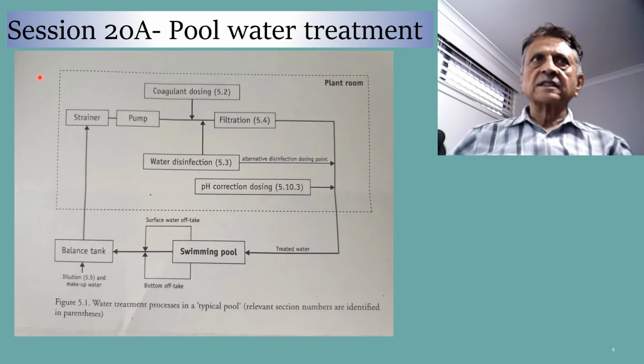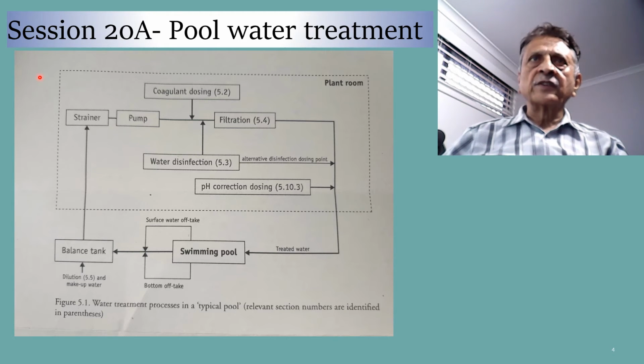This slide consists of a flow diagram of the commercial pool. As I did explain to you, the water from the tank or from the balance tank goes through the strainer, is pumped into a tank which has got coagulant dosing or on-line dosing, so that any organic materials can be flocculated.